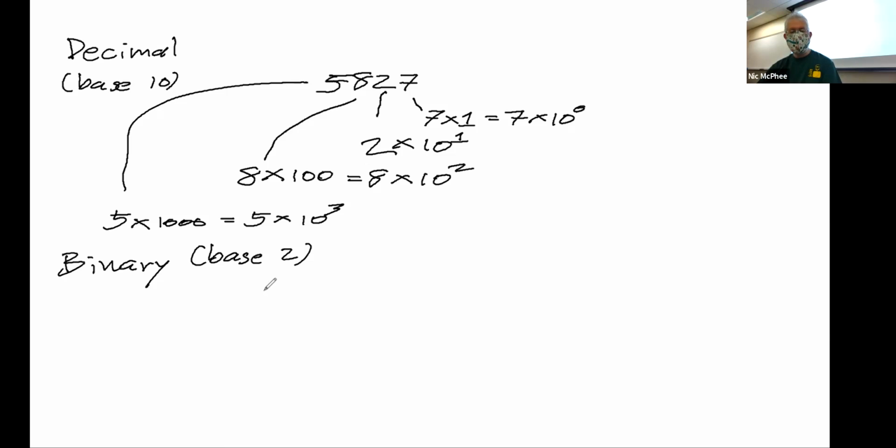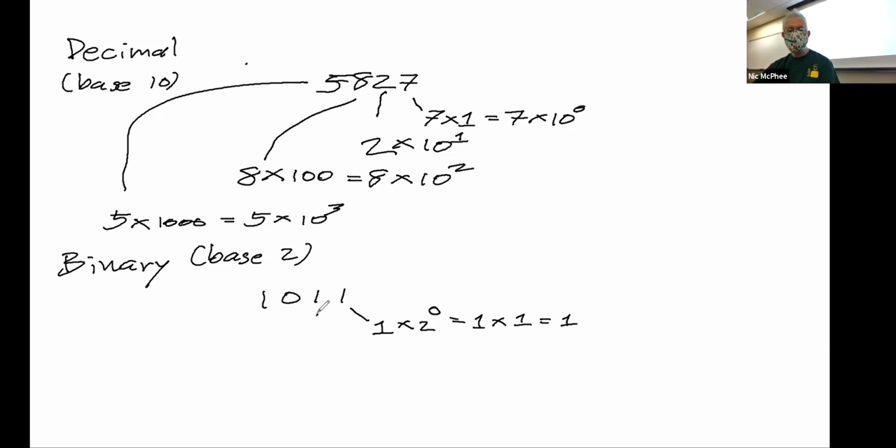So if I have like 1, 0, 1, 1, this is going to be 1 times 2 to the 0. 2 to the 0 equals 1 times 1 equals 1. So that's going to be a 1.